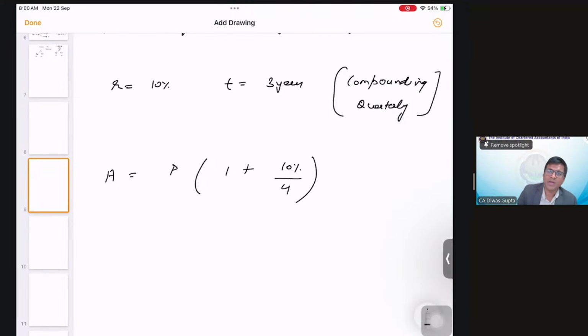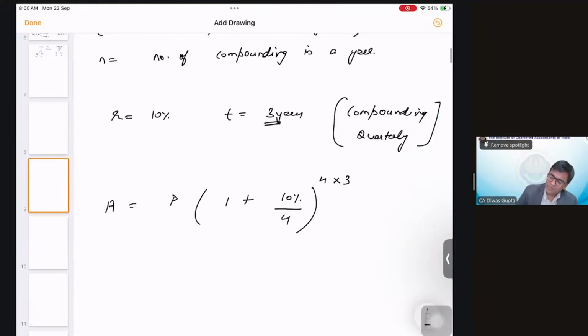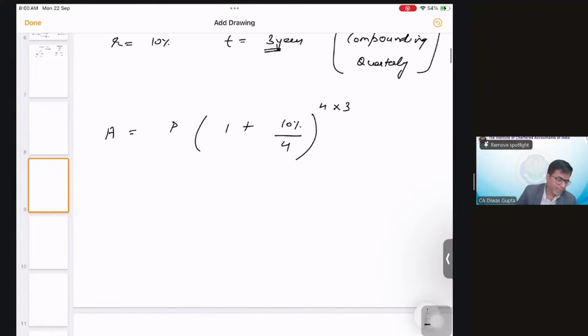So this rate becomes now the quarter rate. And what should I do here? Then 4 into 1, or 3? 3, right? Because it is 3 years. Yes, it will be 3.